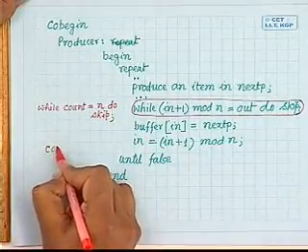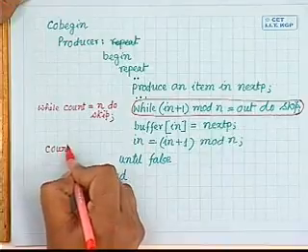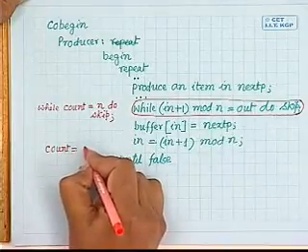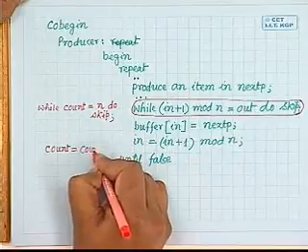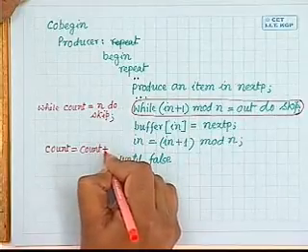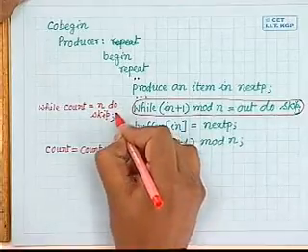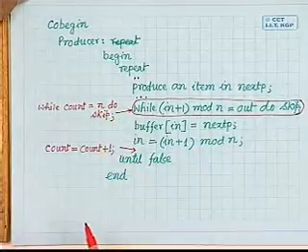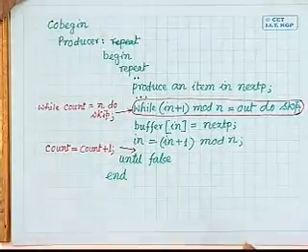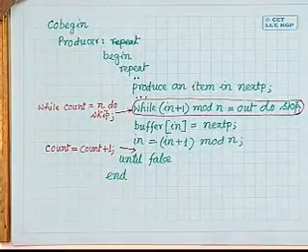So it has to make count equal to count plus 1. That has to be inserted here, and this will replace this statement. Our assumption is that initially the value of count is equal to 0.